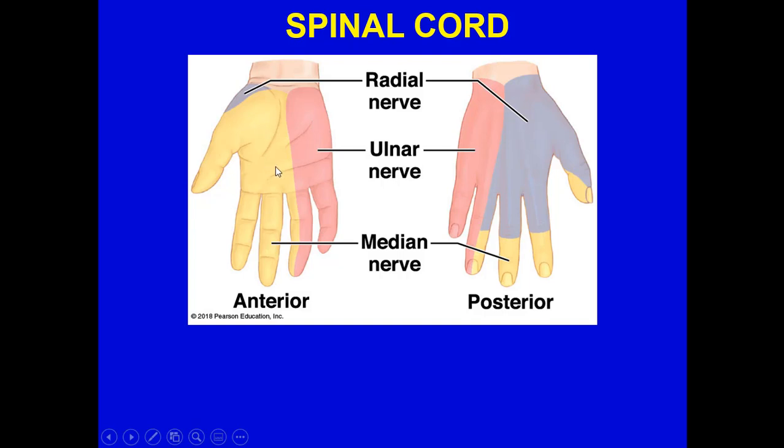So on the anterior side of the hand, the thumb, the palm, basically the pointer finger and then the middle finger, this is the ring finger, I'm sorry, that's the pinky.